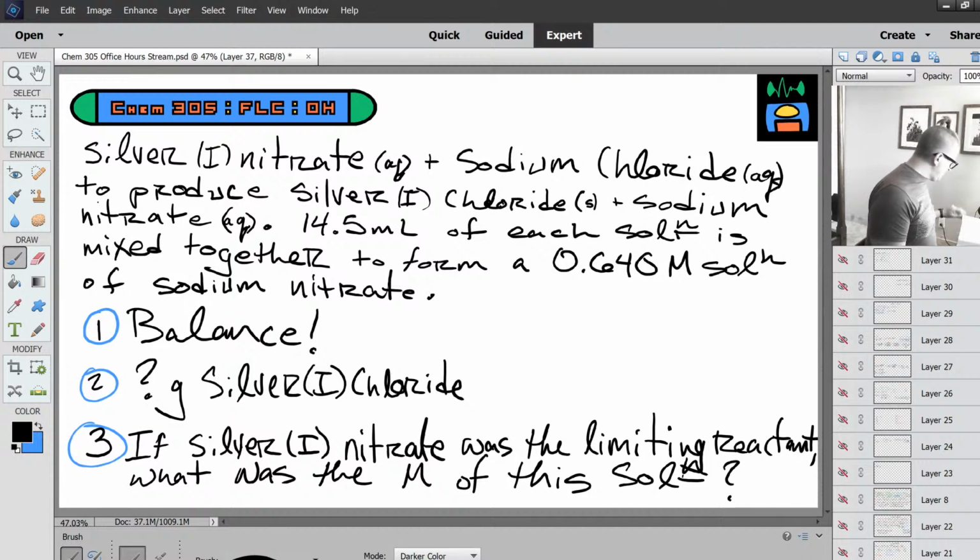Number 7. Part D. Indicate whether or not the following reaction represents a combustion reaction. Okay, number 7, part D, chapter 9. Got it. Yes, okay, let me see. Okay.